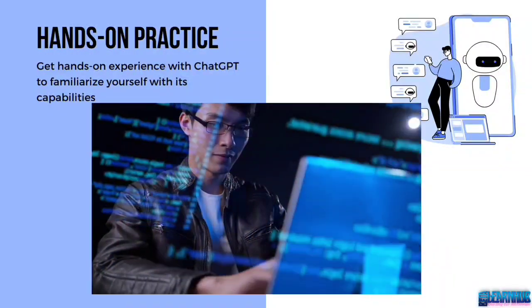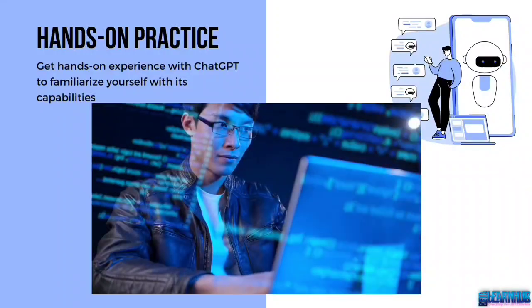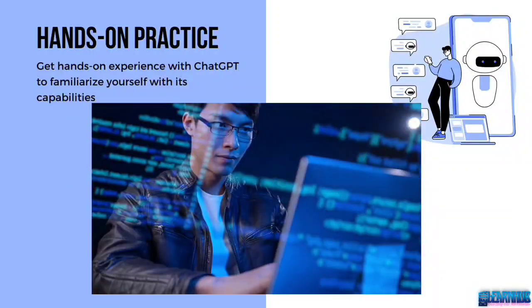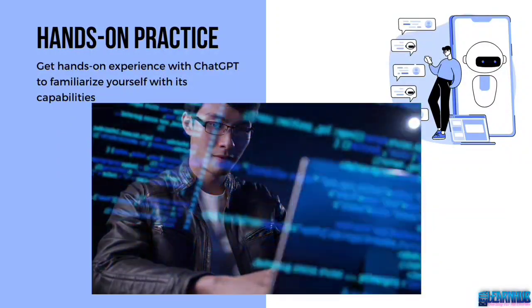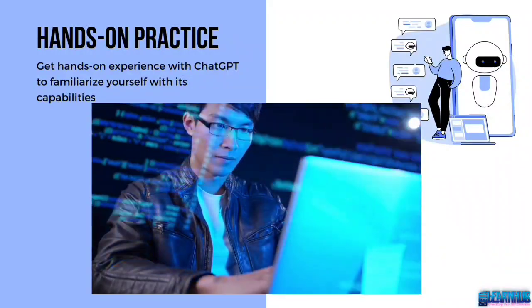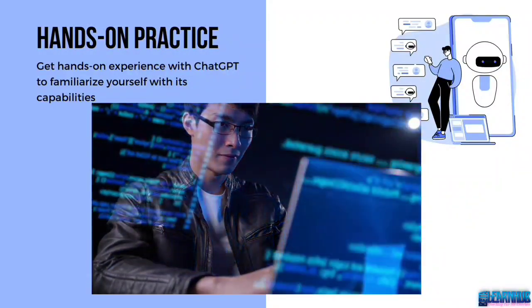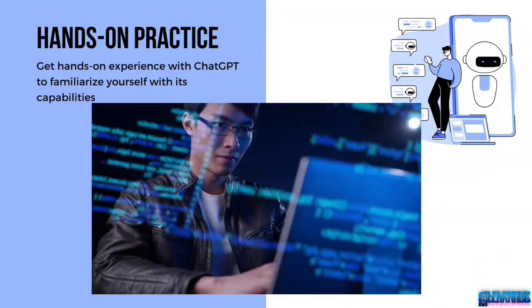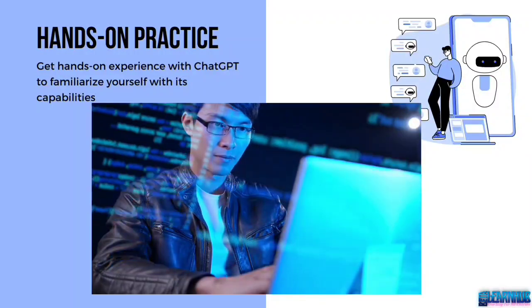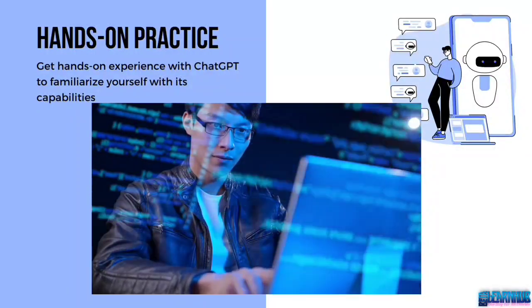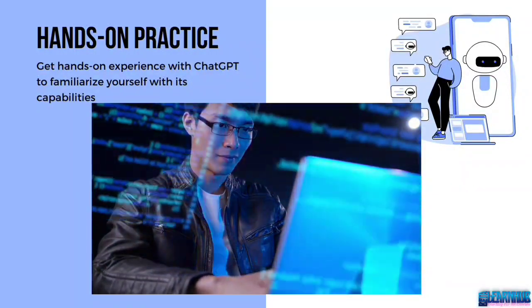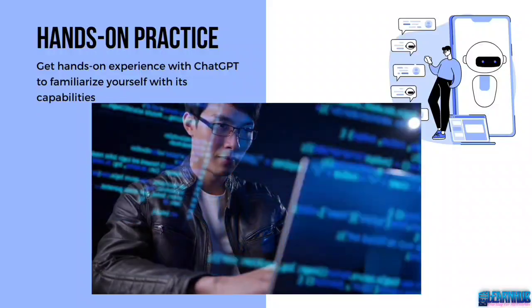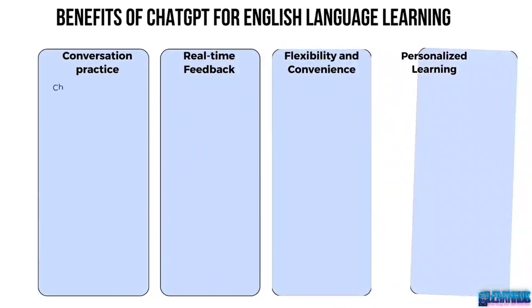Try interacting with it in different ways, asking it different types of questions. Experiment a little bit, have fun with it, and you will very soon start to understand how it works. You just have to give it the right prompts.